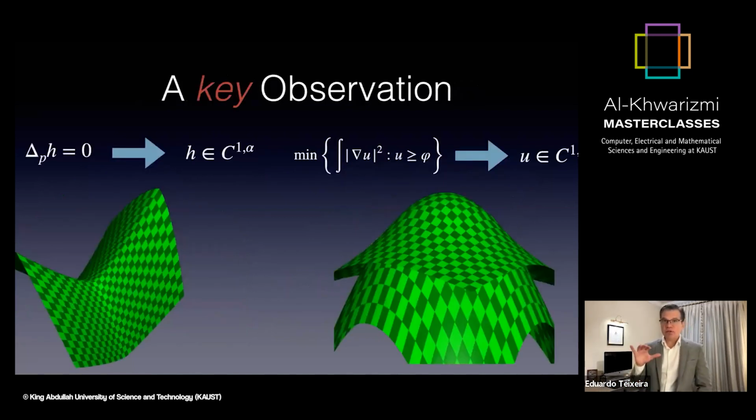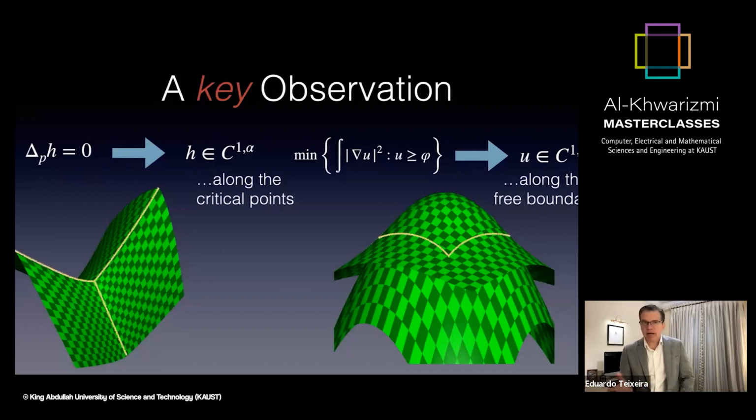Okay, so the observation that I would like to make, and the connection between p-harmonic functions and solutions to the obstacle problem, solutions to the free boundary problem, is the following. P-harmonic functions are C-infinity, as a matter of fact real analytic, outside the critical points, as much as solutions to the obstacle problem are C-infinity because they solve the Laplace equation away from the obstacle.